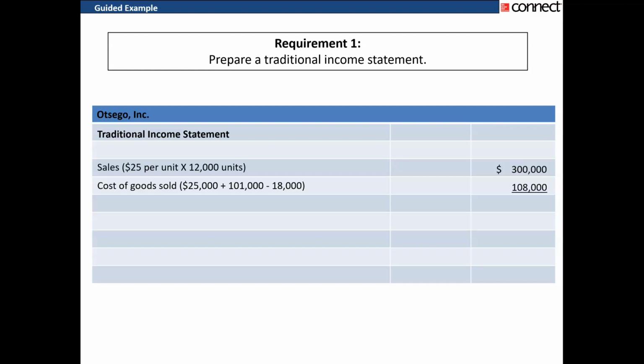So cost of goods sold was a total of $108,000. If you subtract your cost of goods sold from your sales, you are going to get your gross margin. Your gross margin is the amount left over from your sales after paying for the items that you sold.